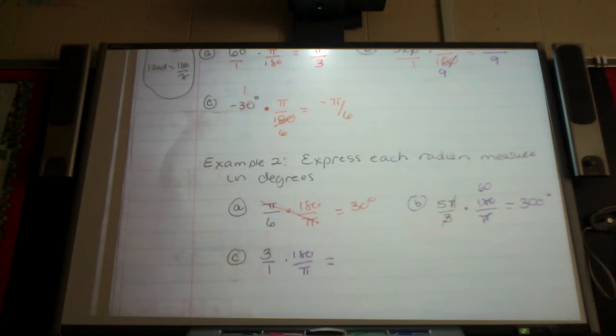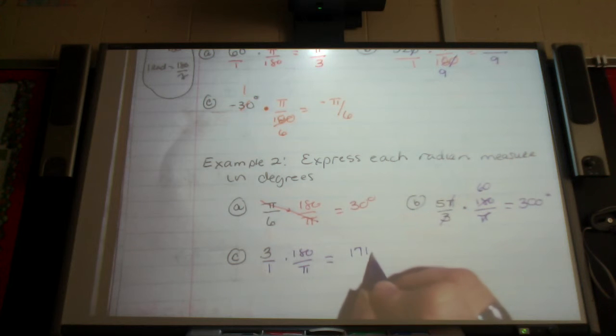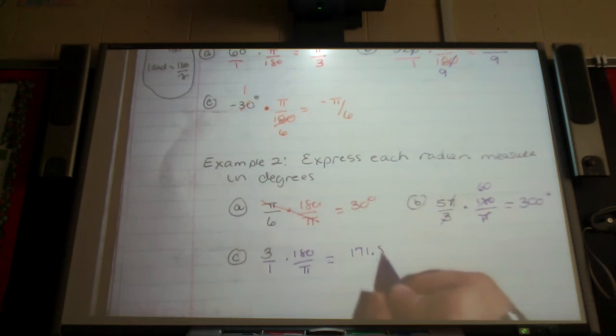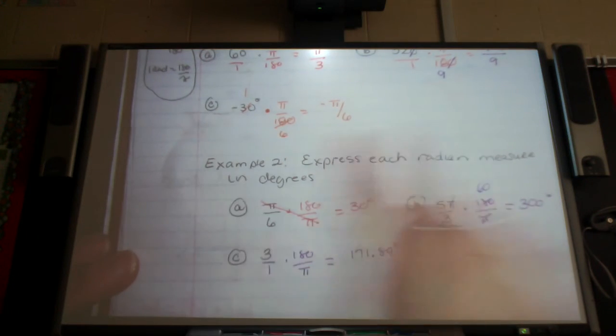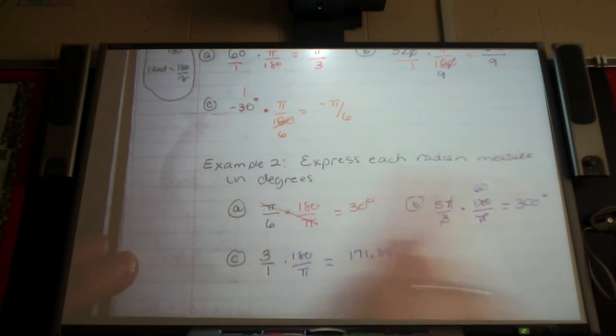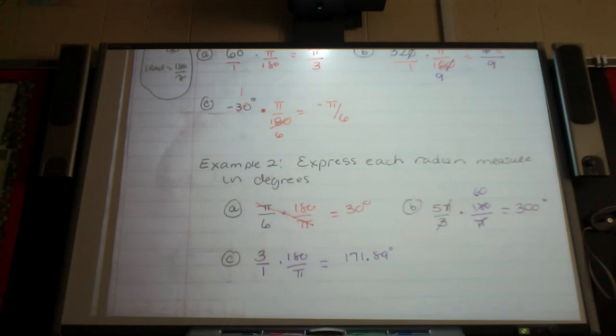And then here's where you're actually going to use your calculator. You're going to multiply it out. You're going to take 3 times 180 divided by pi. And you should get 171.89 degrees. Pi does not get multiplied out when you're writing it in radians, but it does get multiplied out when you're writing it in degrees.